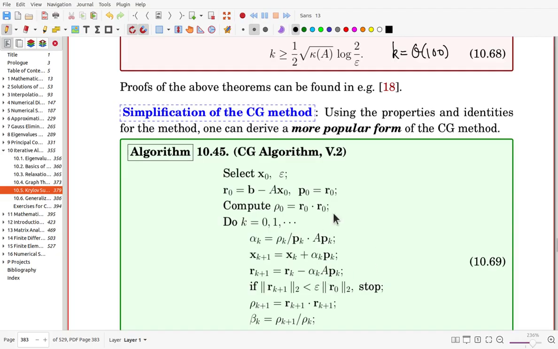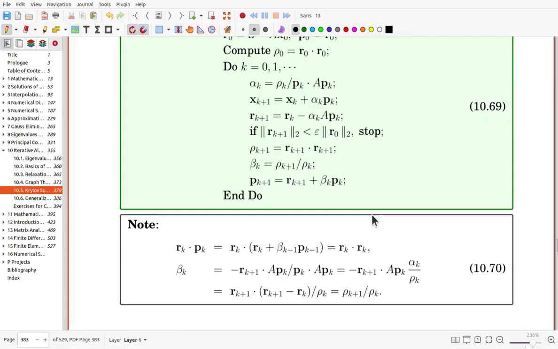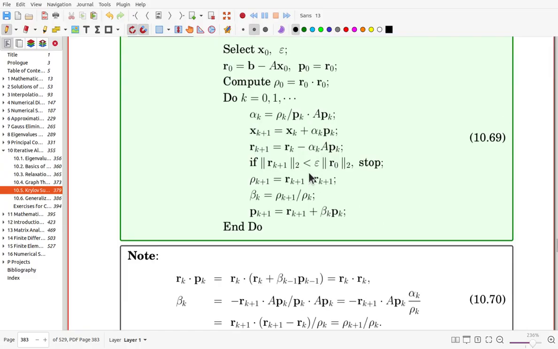So this is quite a popular form of the conjugate gradient method. Here this rho notation appeared, and r and p, and rho is now the residual norm squared. And here we have that.